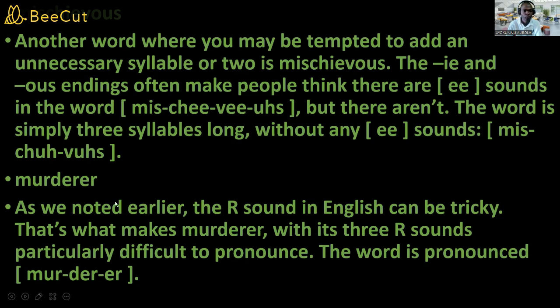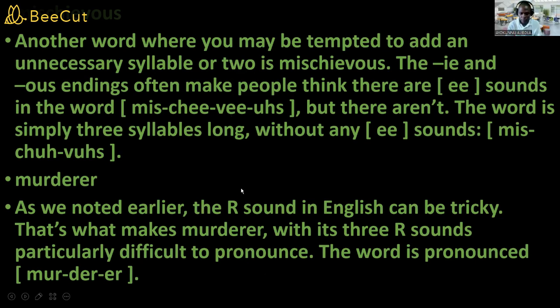So that is what. Now, murderer. Yes, murderer. As we noted earlier, the R sound can be tricky. That's what makes murderer, with its three R's, particularly difficult to pronounce. The word is pronounced murderer.